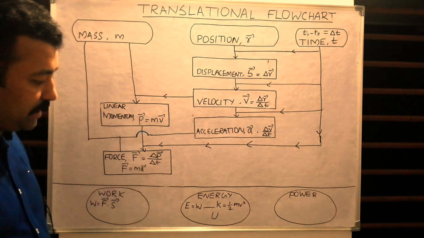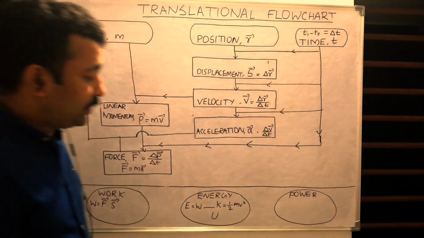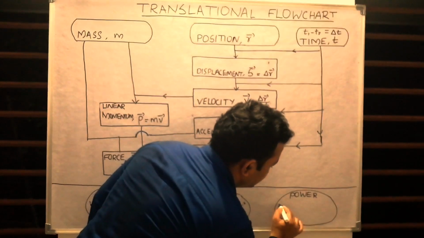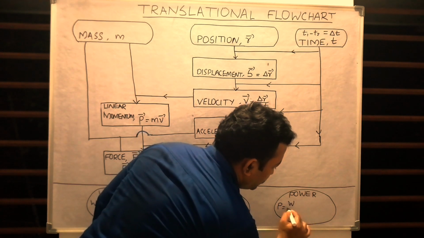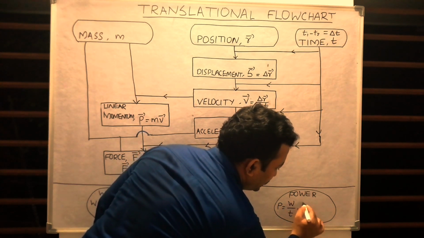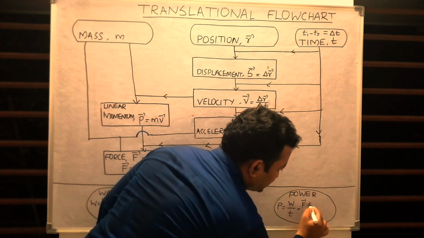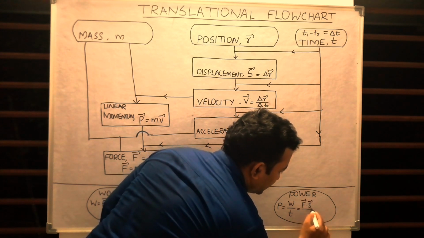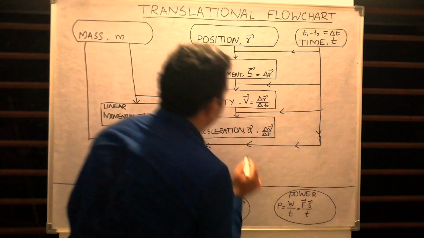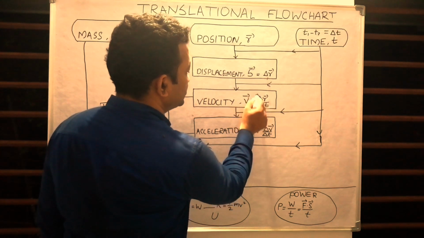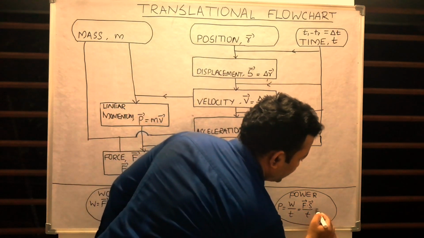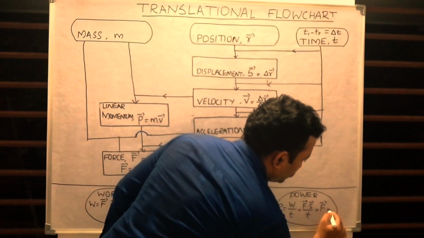So the energy can be kinetic or potential. And what is power? Power is work done per unit time. What is work done? F dot S by T. What is S by T? S by T is velocity, so I can put it as F dot V.